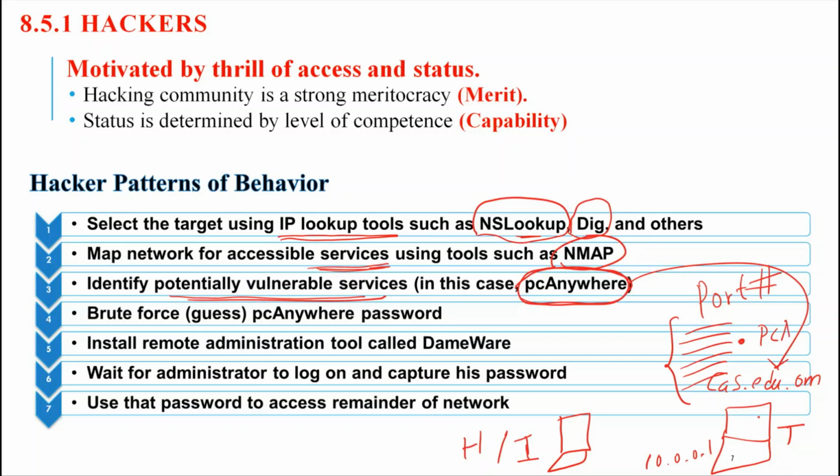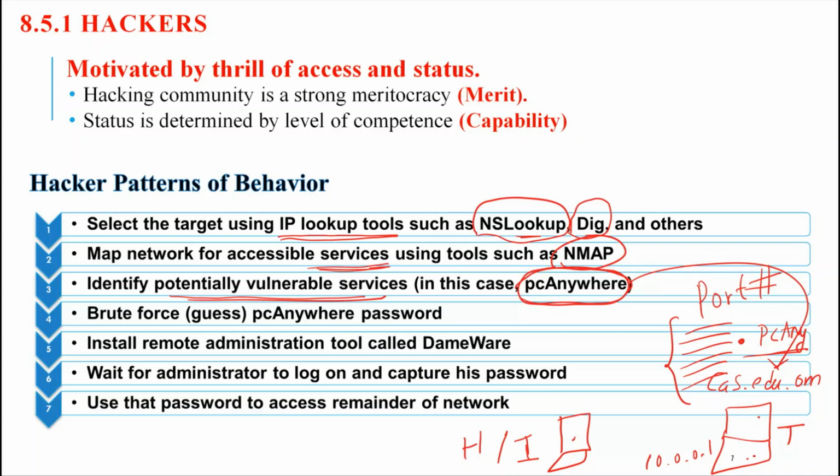Two machines can connect by using PC Anywhere. If I have PC Anywhere here and there, I can share data and communicate with the machines. So if PC Anywhere is installed in this machine, that is going to be a vulnerable service.